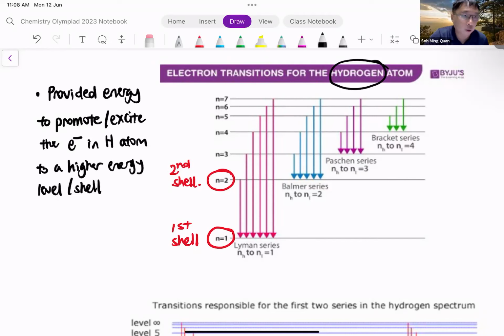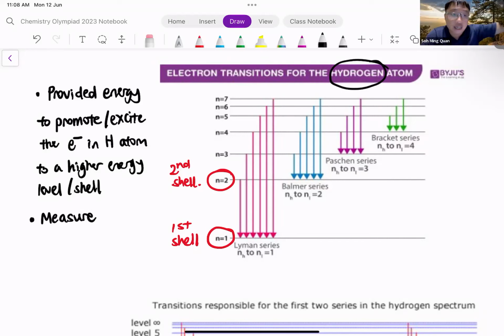That means what we did was we actually gave the electron energy so that it can jump, promote from the first shell to the second shell, or to the third shell, or to the fourth shell, and so on and so forth. All right. Then what do you measure?